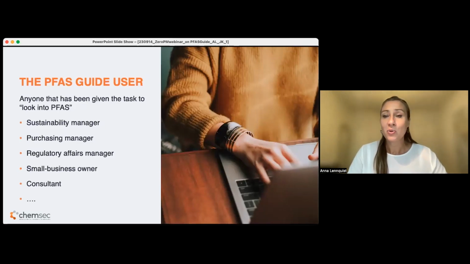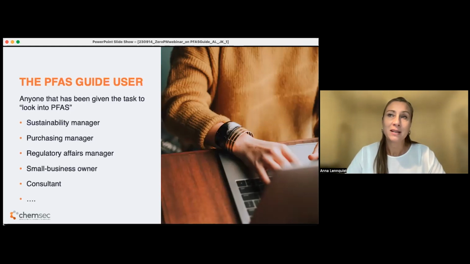So the user we imagine for the PFAS guide, of course the information in there can also be relevant for scientists and policymakers, but it's really tailored to be used by someone that works in some type of company and that has gotten on their plate that they have to look into the PFAS issue. And that can be a lot of different people working with, say, sustainability in different ways, with chemicals management, with regulatory affairs.